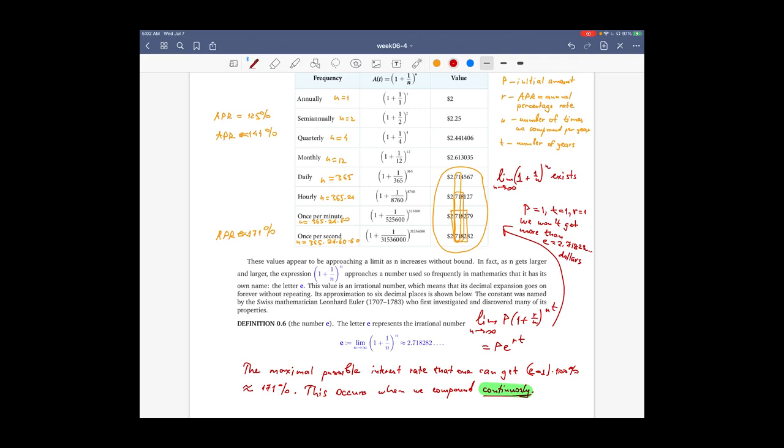You may compound as frequently as you wish, every millisecond, every nanosecond. You will not get more than e dollars, roughly 2.72.